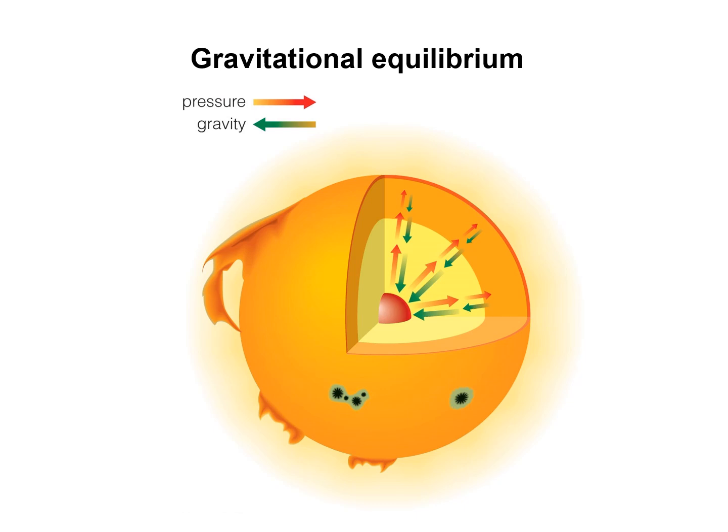It might only be a brief shutdown, but it will sometimes shut down. And then there's no more red arrows for the moment in this picture. And so gravity will crush the star in, heating up the core, and then igniting more nuclear fusion so that it comes back into equilibrium.